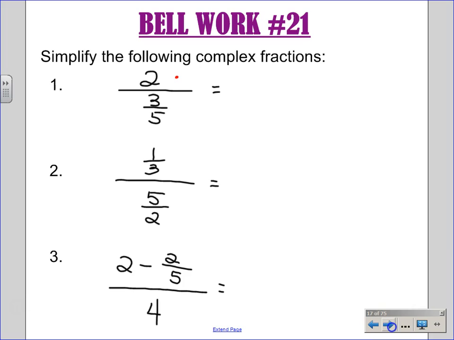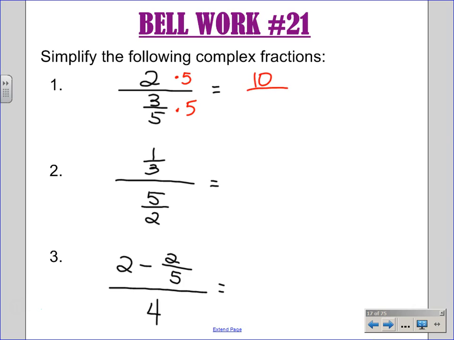I actually do this. I multiply top and bottom by 1 creatively, like Joe was asking a second ago. Because if I multiply by 5 over 5, guys, what's anything times 1? If I'm multiplying this thing by 5 over 5, I'm not changing the value, I'm changing how it looks. 2 times 5.